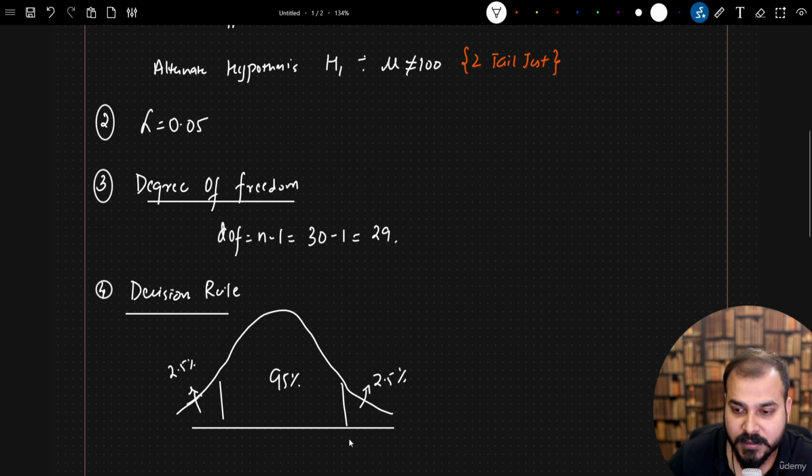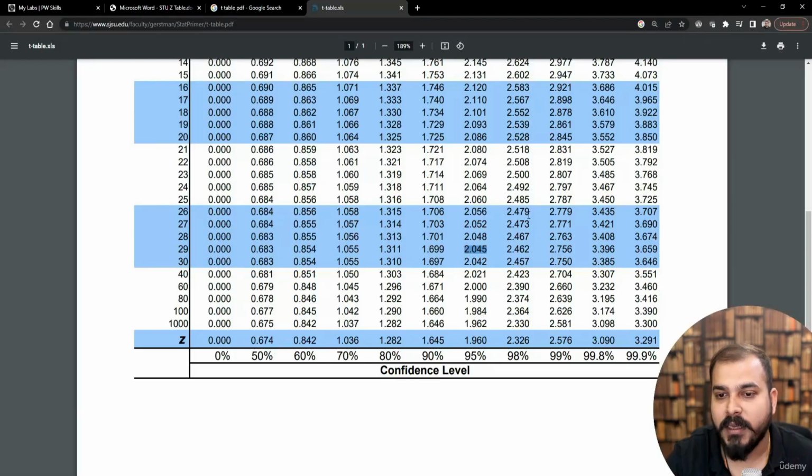Now we really need to find the critical score by using the t-table, and how far it is from the mean. In order to find it, we will use the degree of freedom. We know what my alpha is, and we know it is a two-tailed test. Now all I'll be doing over here is quickly going back to my t-table.